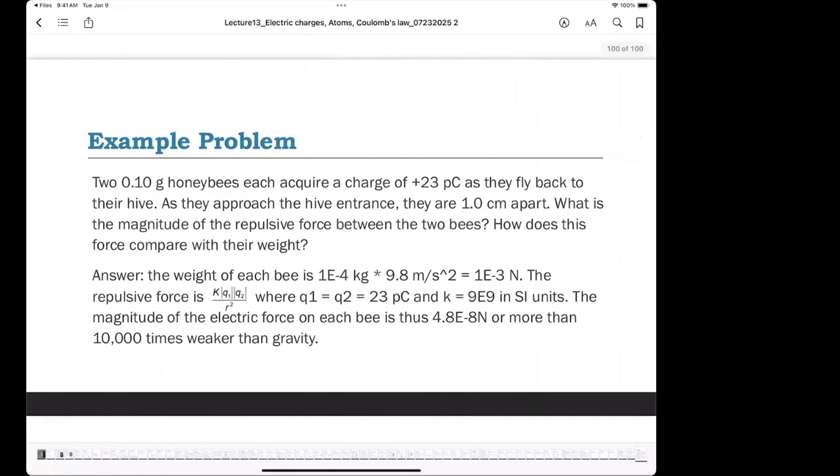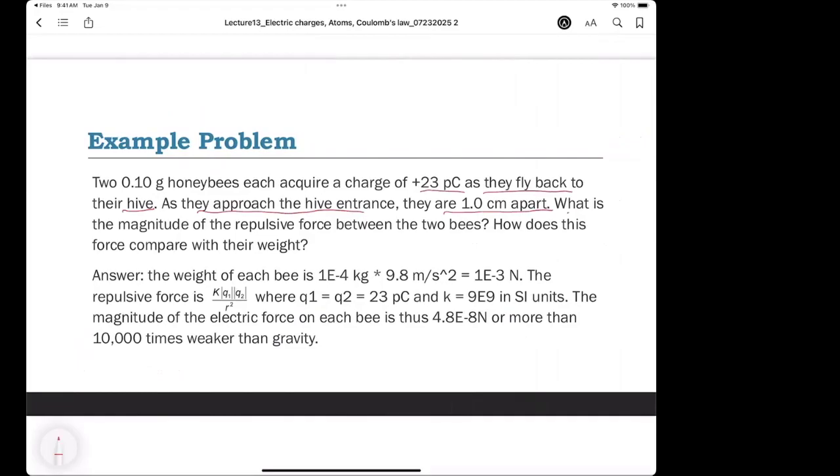There is another example problem. Two 1.0 g honeybees each acquire a charge as they fly back to their hive. As they approach the hive entrance, they are 1 centimeter apart. What is the magnitude of the repulsive force between the two bees? How does this force compare with their weights? The weight of each bee is mass times the acceleration of gravity, and this is the gravity force.